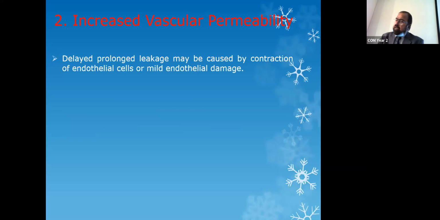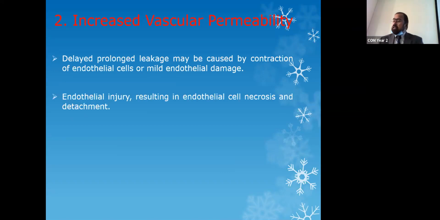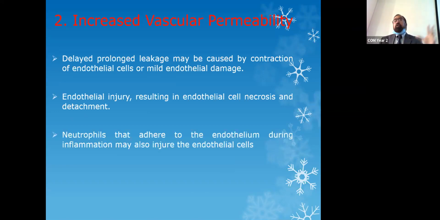So the delayed prolonged leakage may be caused by contraction of endothelial cells and also mild damage to the endothelial cells. So the things are going out now. The endothelial injury results in endothelial cell necrosis and detachment, number one. Number two, the neutrophils which are coming down and attaching to the endothelial cells also cause damage to the endothelium.